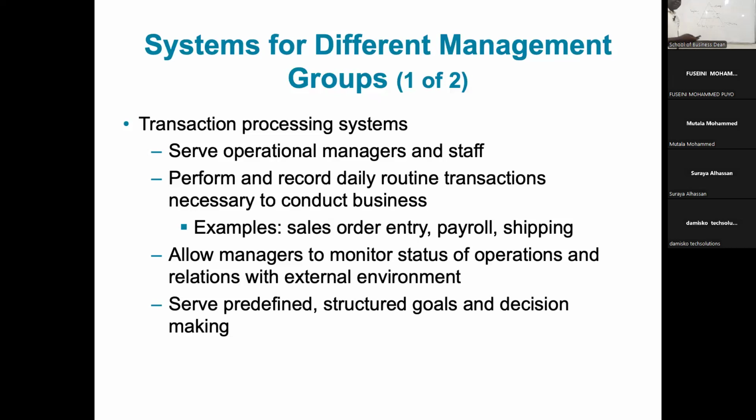So they record daily and routine transactions, for example, sales order entry, payroll, shipping, and then they allow managers to monitor the status of operations and relations with the external environment. It serves predefined structured goals and decision making. It doesn't mean that the people here have no say, but what they say is structured. Like here, no helmet, no entry.